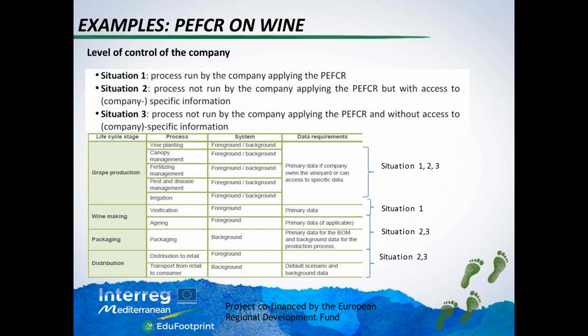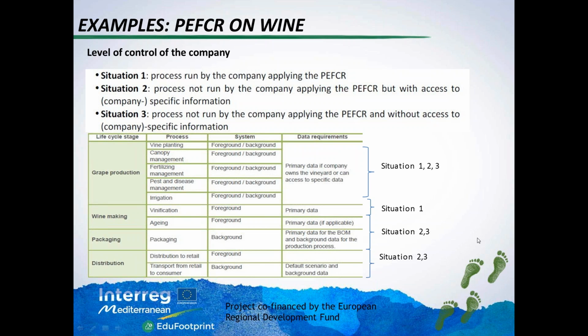And then in this study, they identify the situation, because the process can be inside the company, which is applying the category rules, or maybe the process is not inside the company, but the company can influence it and can access specific information.